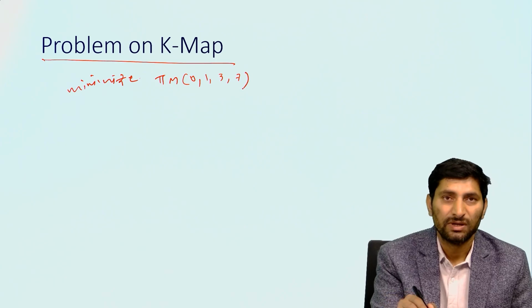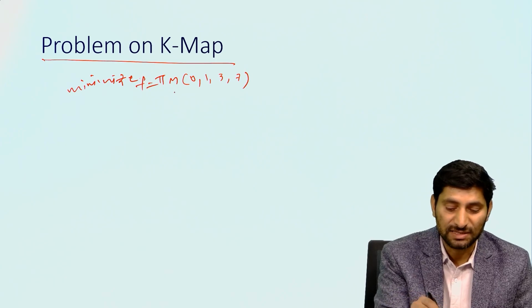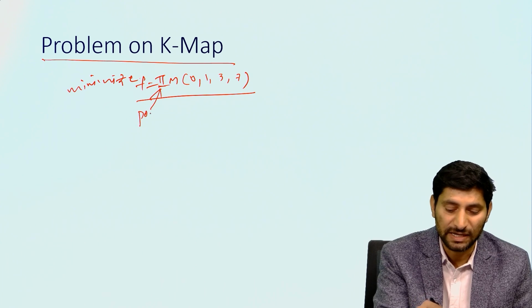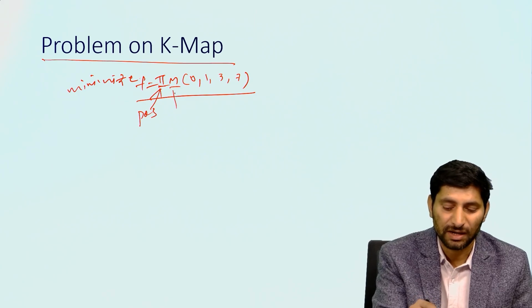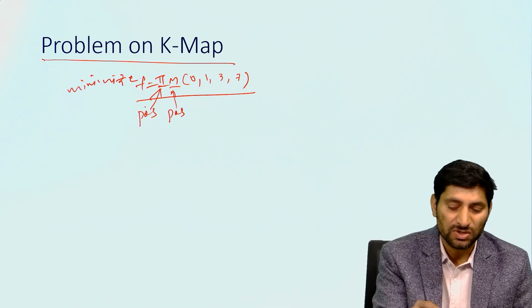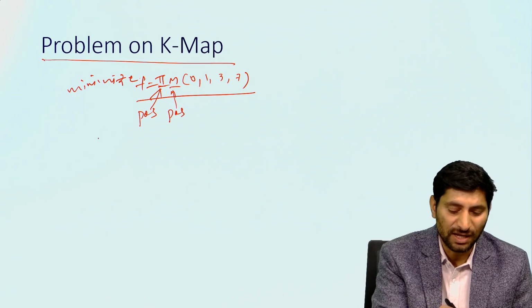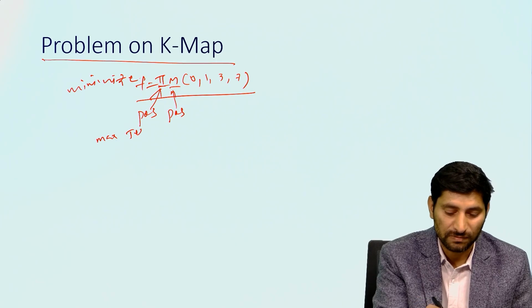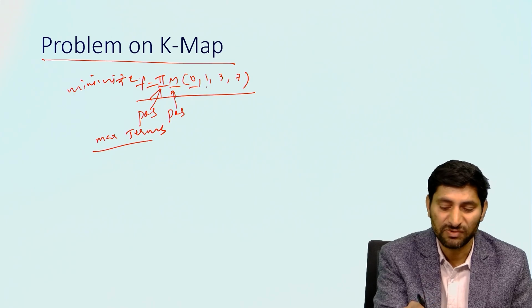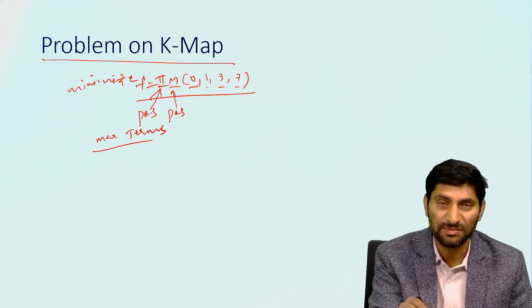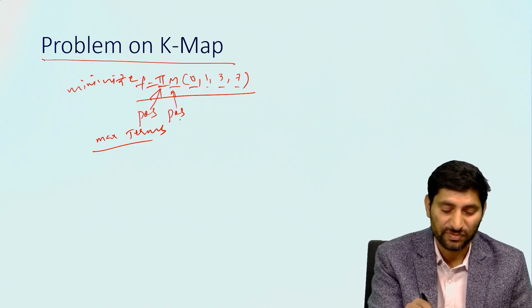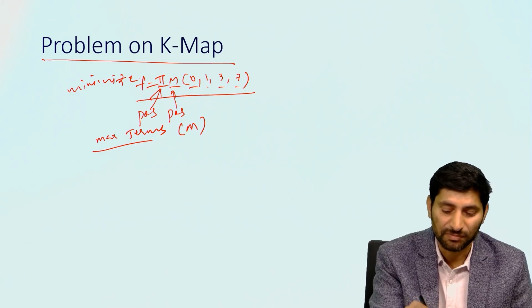Pi denotes that it is clearly in POS form. Here the capital M also indicates it is in POS form, so the terms given are max terms. In POS form, we call these terms max terms. In SOP form, we call these terms min terms. Max terms are denoted by capital M.